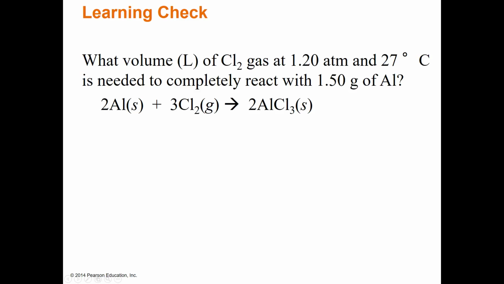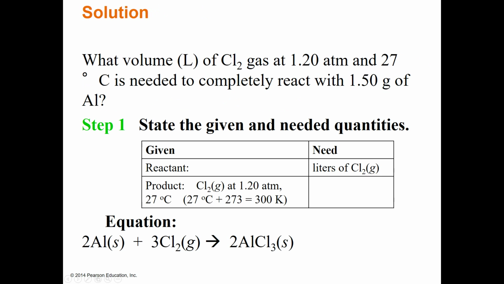So how do we go about working on this? Using the information that's given, what can we find? First, to calculate the volume, we can use the PV equals nRT equation. But before we can use the PV equals nRT equation, let's go and write down. You all might want to copy the problem, actually. Go ahead and copy it quickly, and then we can talk about it.